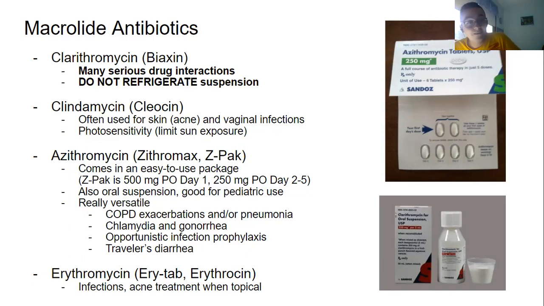Anyway, it's also really useful, and you'll see it occasionally prescribed for opportunistic infections. So this would be for patients who might have immune disorders like HIV/AIDS or other problems with their immune system, or maybe they're on immunosuppressant therapy. They might have lupus, they might have other immune disorders, or maybe they're transplant patients and they need to suppress their immune system.